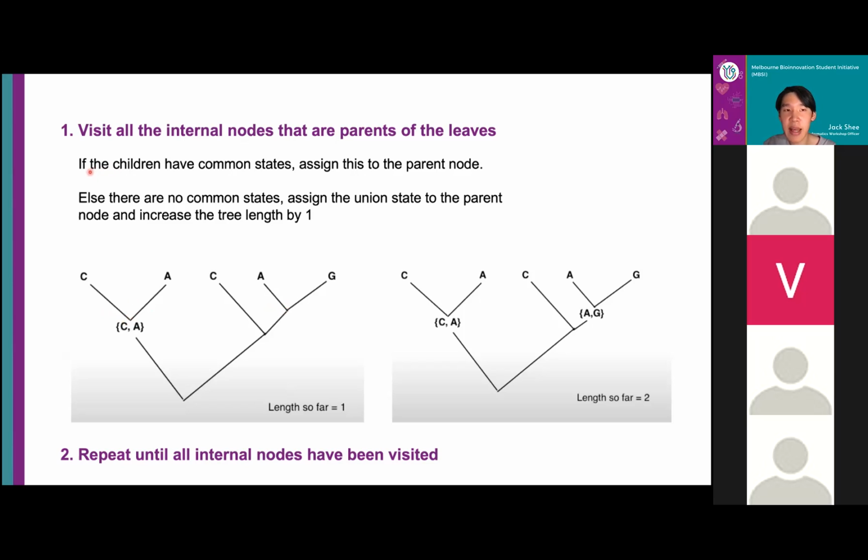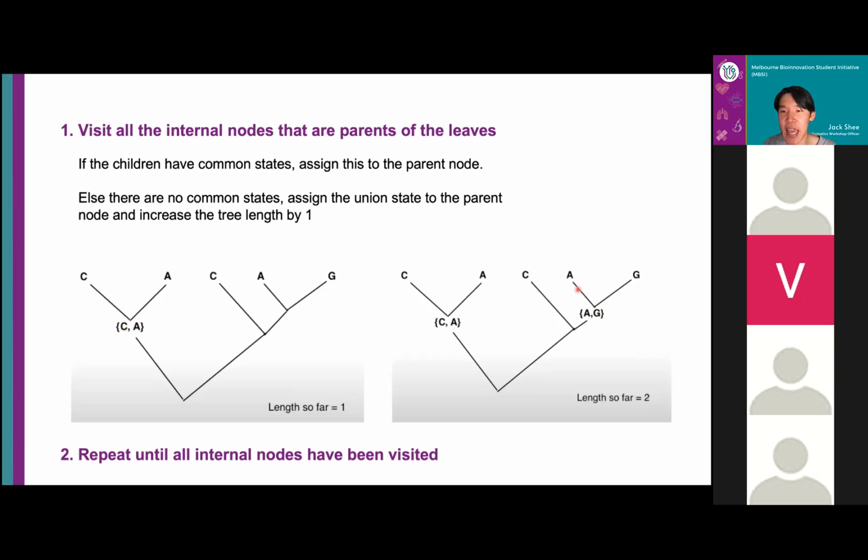The condition is that if the children have common states, then we assign the common state to the parent node. But if there are no common states, then we assign the union state to the parent node. So A and C have nothing in common. So we assign the union state, which is basically the two states combined, to the parent node.